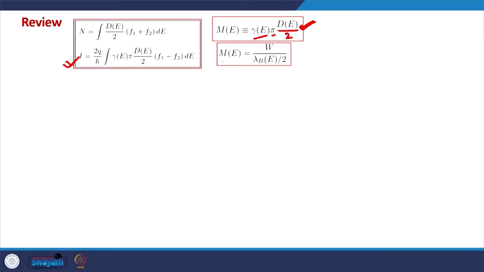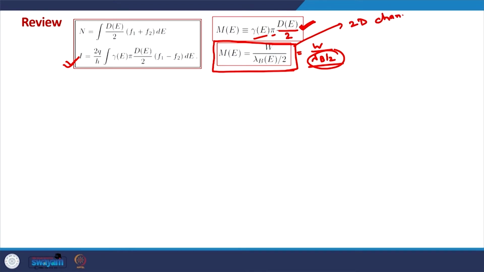And this is also written as width divided by lambda b by 2, where lambda b is the de Broglie wavelength of the electrons. So this is quite an important understanding of the modes. Modes is the number of half de Broglie wavelengths of electrons that can fit into the width of the device, and in this case it was a 2D channel device.